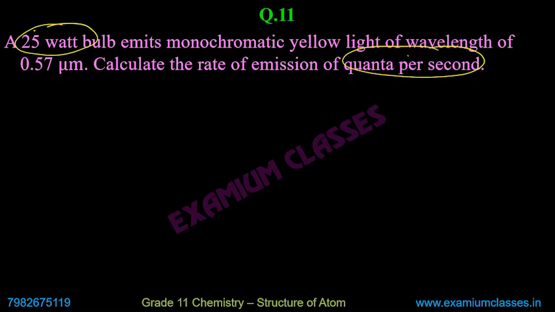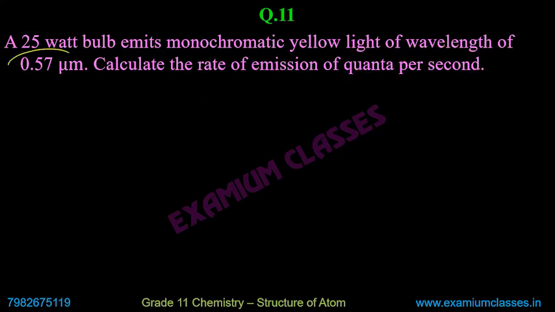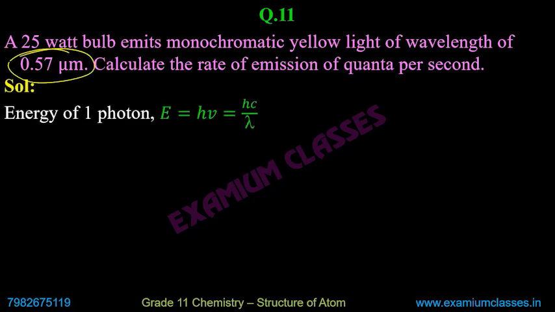25 watt means 25 joules per second of energy. Whatever energy this is, it will be emitted as photons, and those photons will get emitted in 1 second. Don't forget to convert wavelength to meter, that is multiplied by 10 to the power minus 6, and you will get the answer.